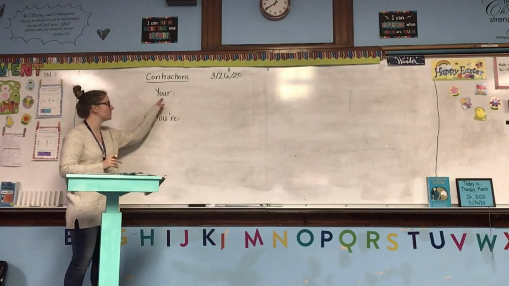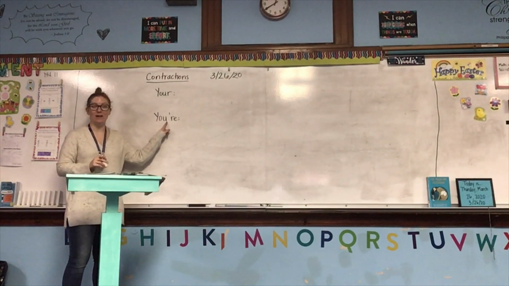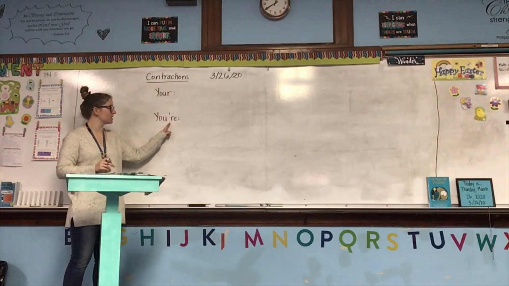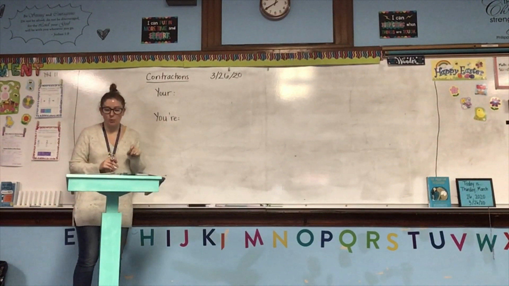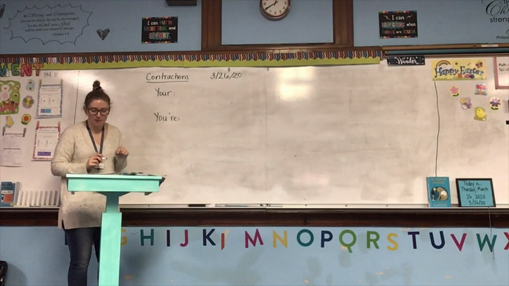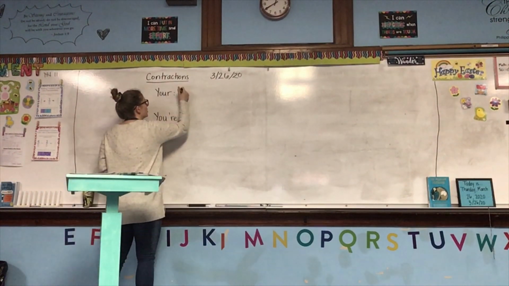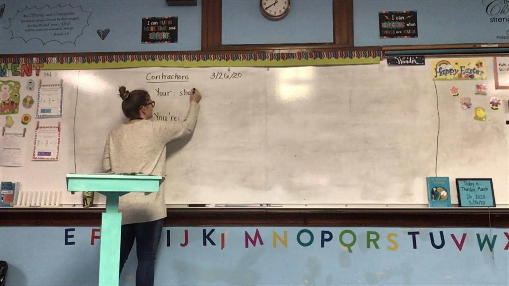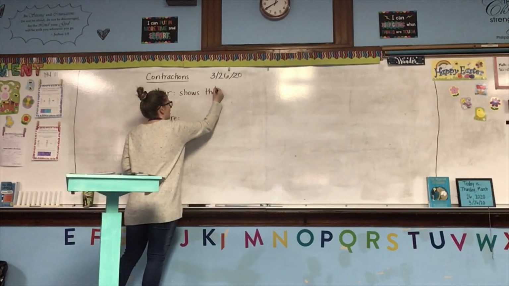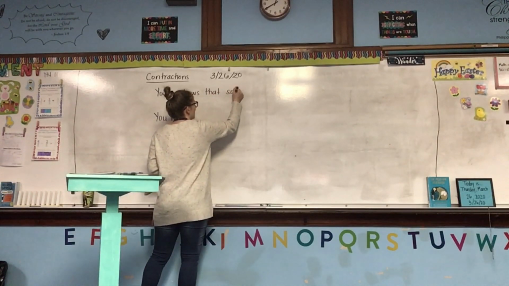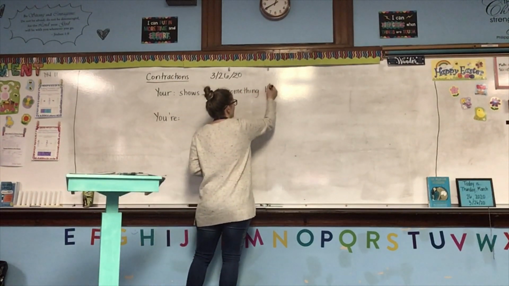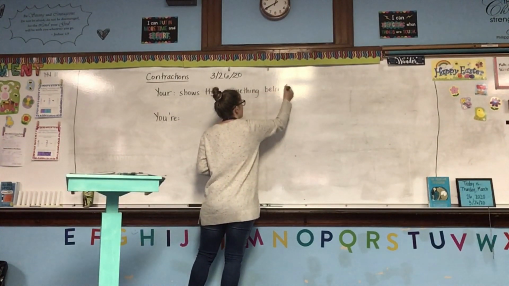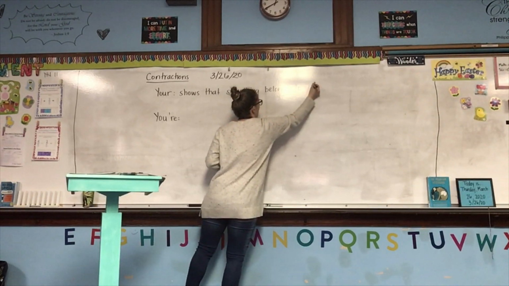You cannot use this one where this one goes, and you cannot use this one where this one goes. So the word your, spelled Y-O-U-R, shows that something belongs to you.